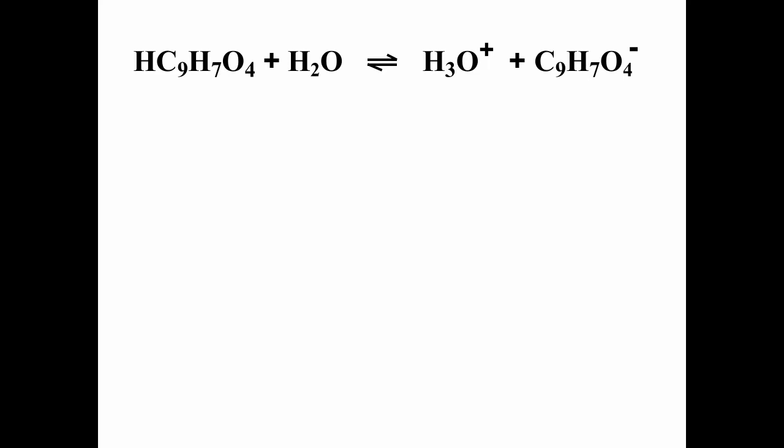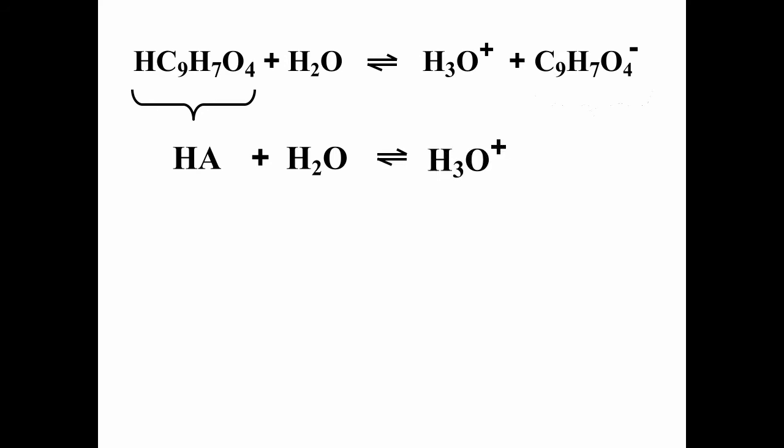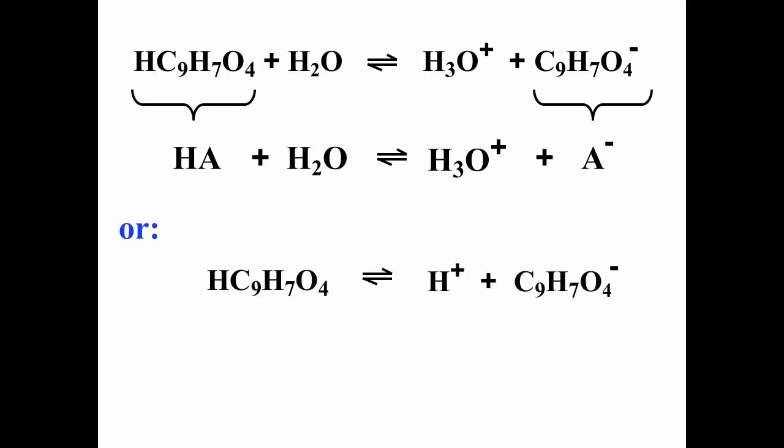It dissociates into H plus or H3O plus and the conjugate base. And we could, of course, do a shortcut version of this by writing the equation with HA instead of the whole formula. And then we could also do the shortcut version by omitting H2O and writing H plus.